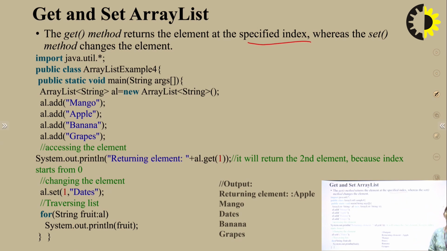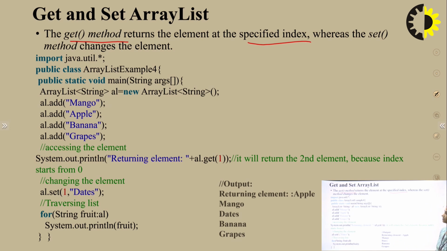Specified index means that all of the array elements are stored in a particular specified manner, all of the elements are stored at some index value. If you want to set any value, or you want to return the element at the specified index, you use the get method. The set method inserts that particular element at that specified index.